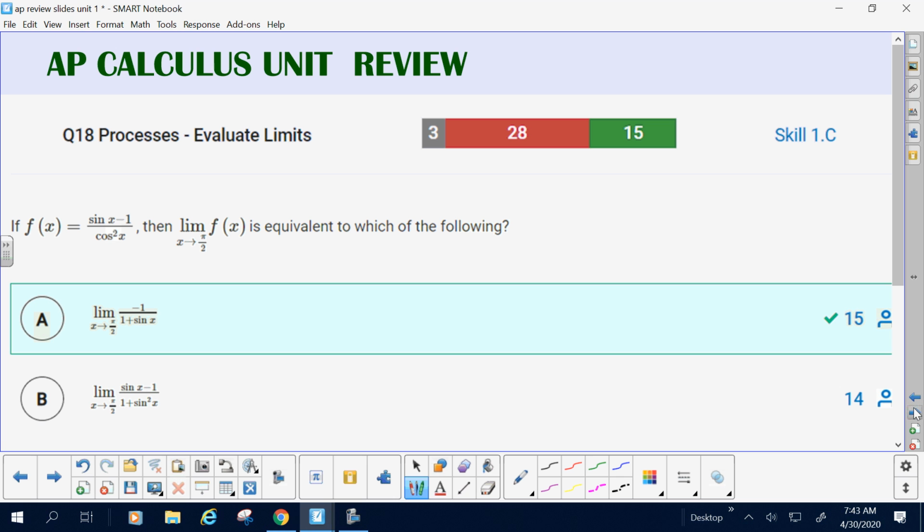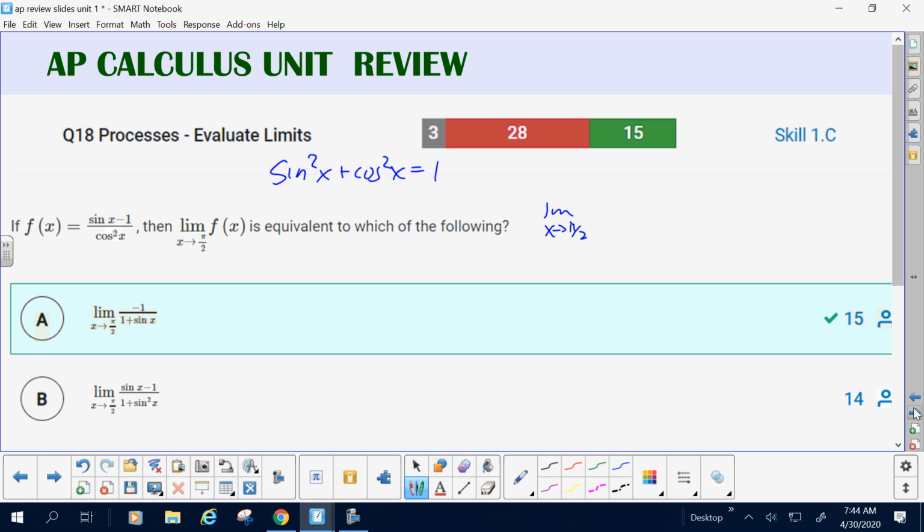Question 18 was also an unmitigated disaster. This is a sure sign that you don't remember your identity. So let's go here. I think you'll agree again that this is 0 over 0. And so you've got a choice to make. You could use L'Hopital if the question was what's the answer, but they didn't say find the limit. They said which is equivalent. So what they're really asking you is to prove that you know how to simplify. Use an identity, and if you know algebra and you memorize this one identity, then you are in really good shape.